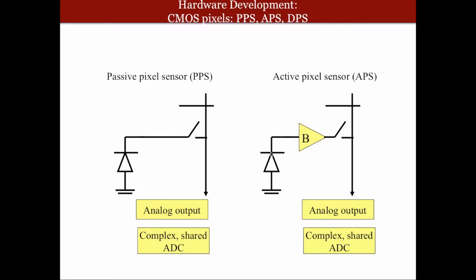Then in the early to mid 90s, a new idea emerged from a number of places, but one of them was Eric Fossum, who was at JPL at the time, and now he's at Dartmouth. The idea was that you collect over here, but instead of waiting passively when you close the switch, let's put a buffer in the line. A buffer is basically like a unity gain amplifier, so that instead of waiting for the electrons to dribble down, we just get them down there under some power.